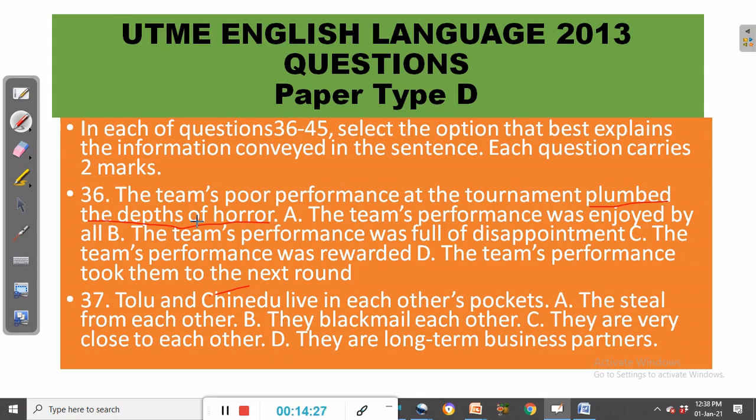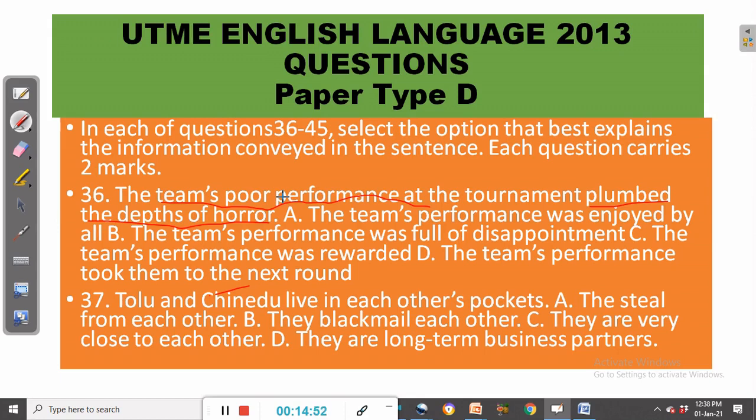Possibly you may not have come across this at all. But then you can use the devices. The team's poor performance. Now, you have a context clue, poor performance at the tournament. All right, so you have this piece of information which gives you a clue.